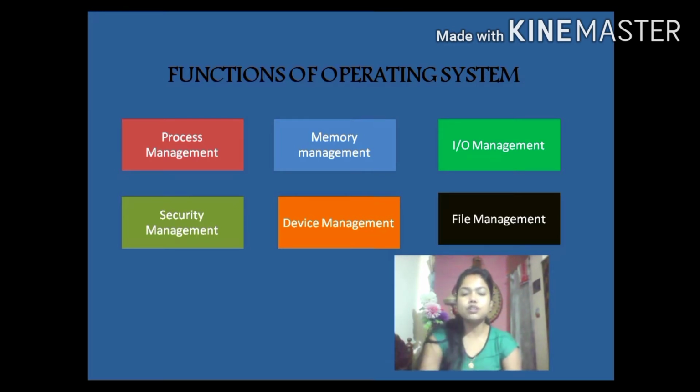Suppose I have opened 3 programs: Microsoft Word, music, and I am also surfing the internet. For all these 3 things we need the CPU, otherwise no application or program will run if we do not have the CPU. So the operating system will schedule the time of the CPU so that each of the programs gets the CPU for some time.